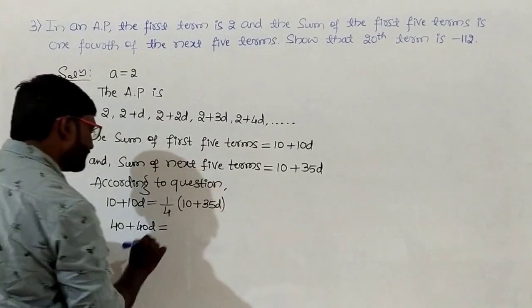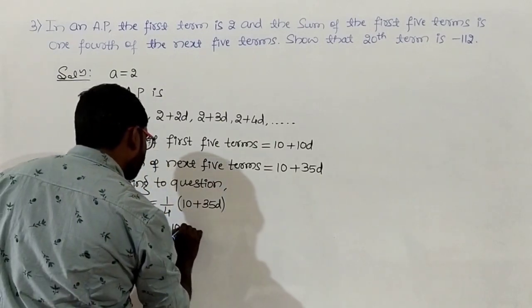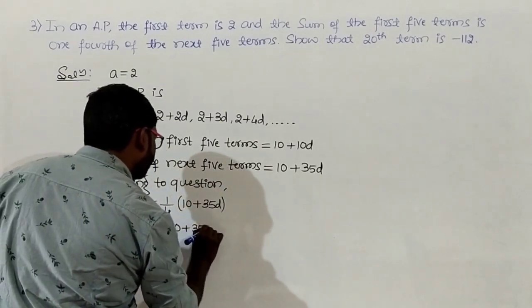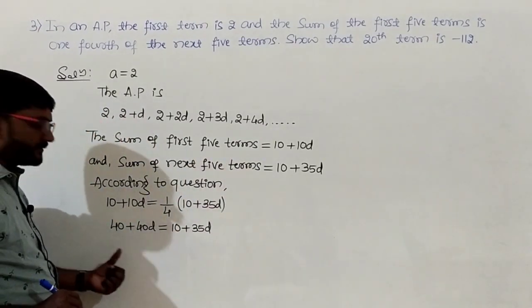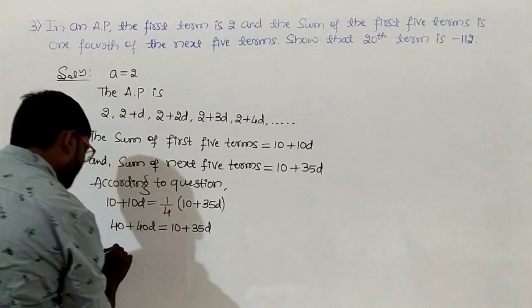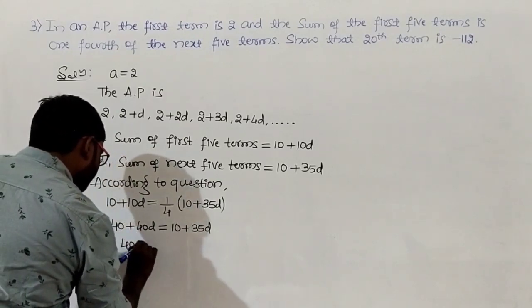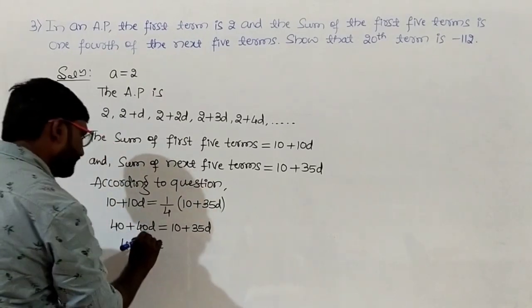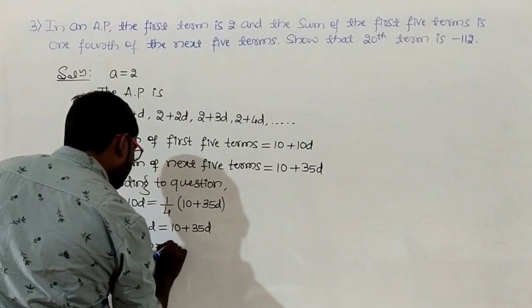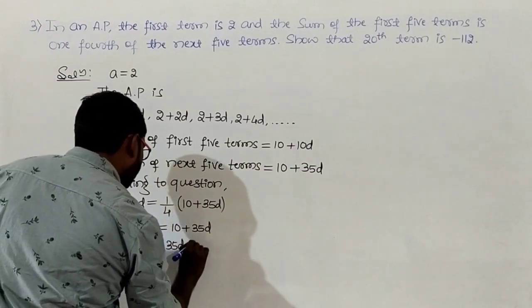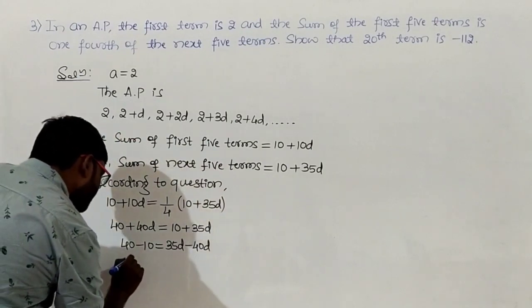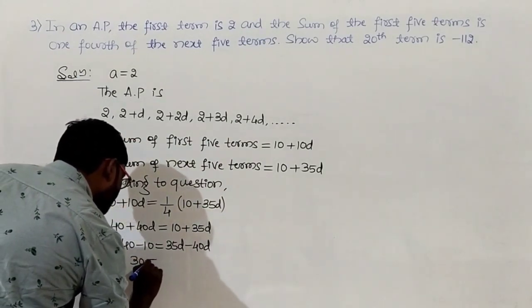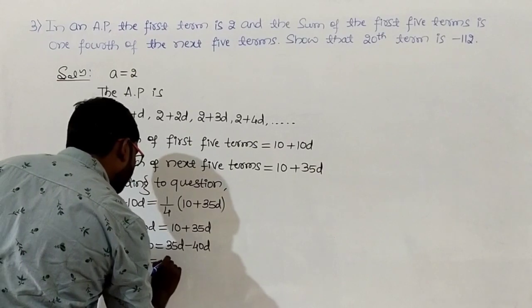This equals 10 plus 35d. So now take 10 to the LHS and 40d to the RHS. So overall we get 40 minus 10 equals 35d minus 40d. 40 minus 10 is 30, which equals minus 5d here.